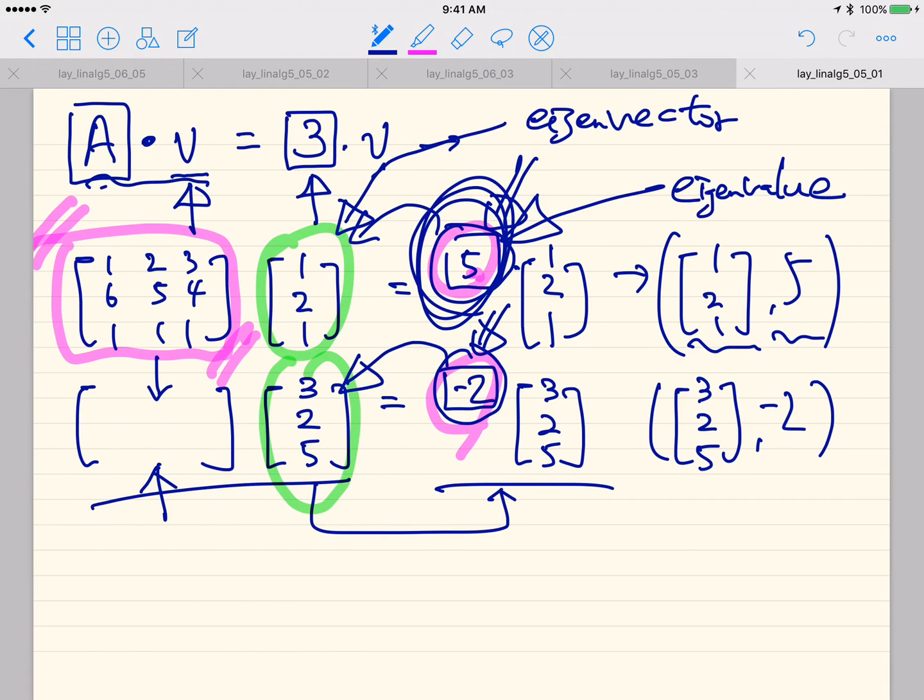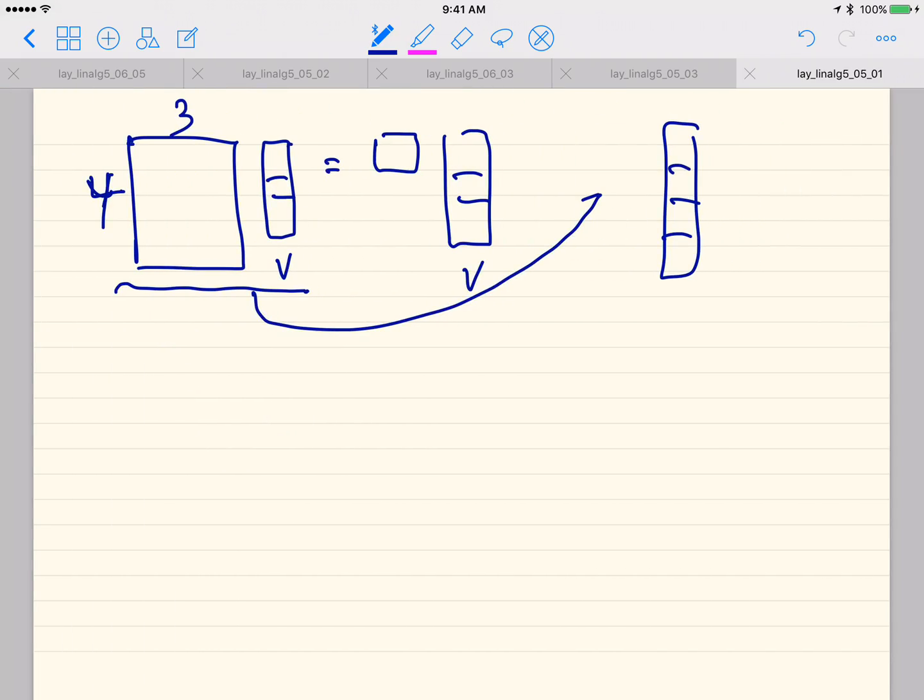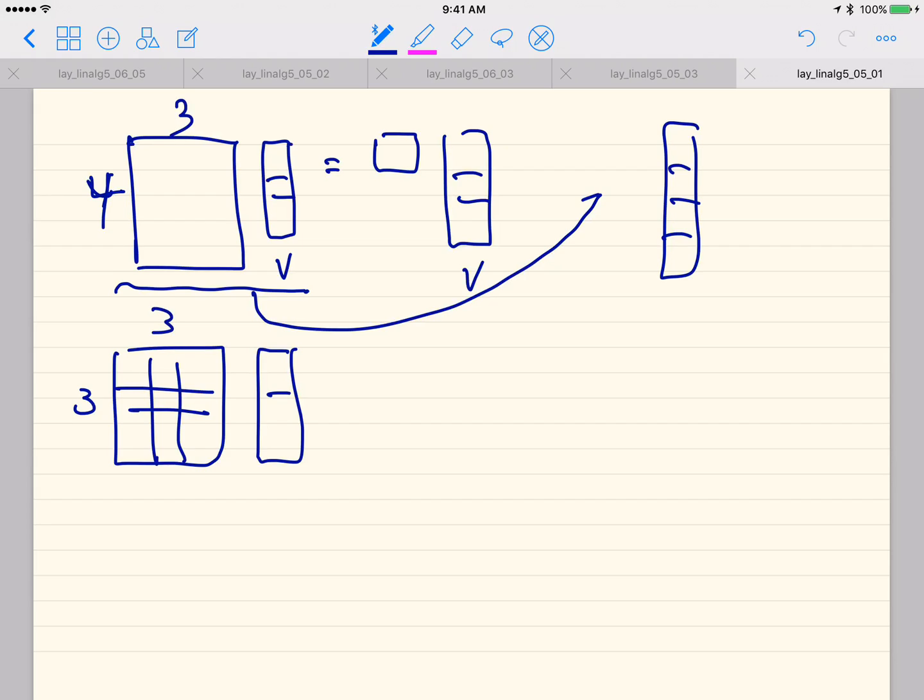And also, given a square matrix, if it was a 3 by 3, then our vector should be 3-dimensional, and then we should have a scalar. Let's think about some special case. Here the question is, is it possible to have zero vectors?